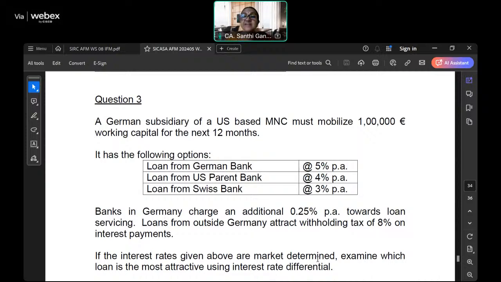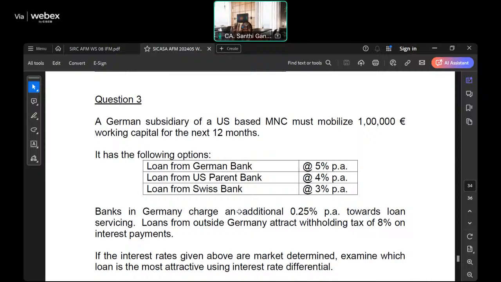Now, using interest rate differential, why is this given? We already discussed interest rate parity theory yesterday, under which interest rate differential and exchange rate differential will be the same. We need to use that concept and then do this problem. So, what is the working capital loan amount? We know.